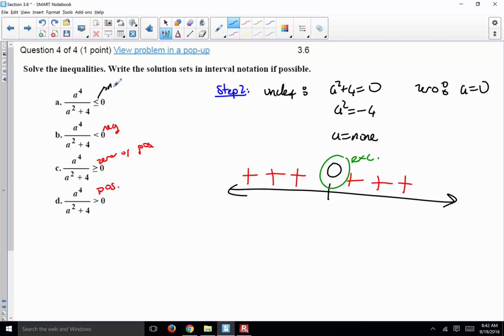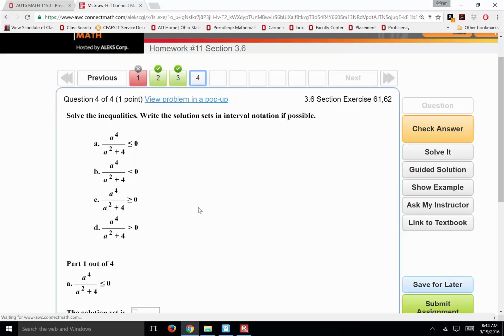It's saying where this thing is negative, right? And it's never negative, only 0 here. The solution is 0. We shouldn't have excluded 0. 0 was the solution actually. I thought this was the other way. So 0 is the only thing that makes this true. So the solution for part A is just 0.